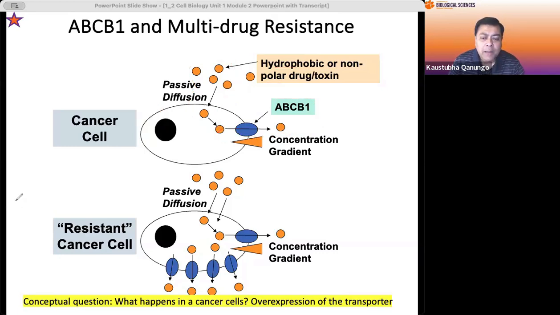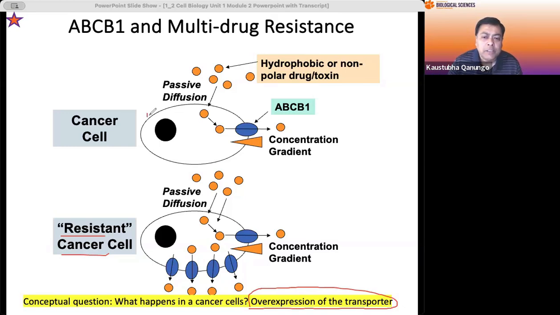But sometimes what we call a resistant cancer cell arises through overexpression of the transporter. The gene duplicates, or it undergoes a new promoter.